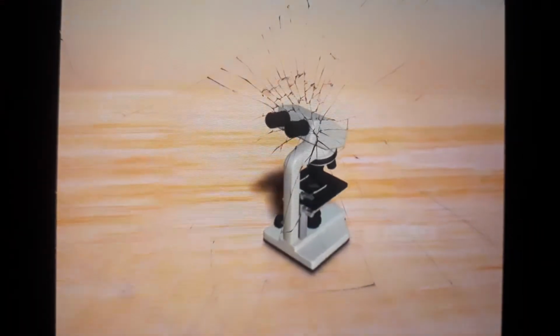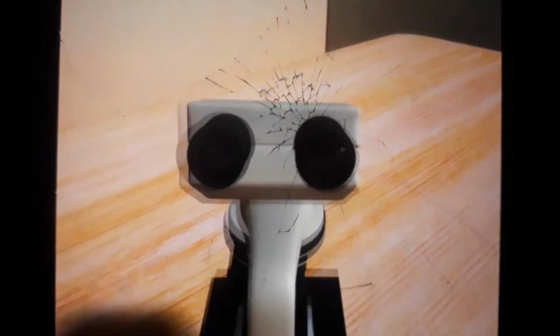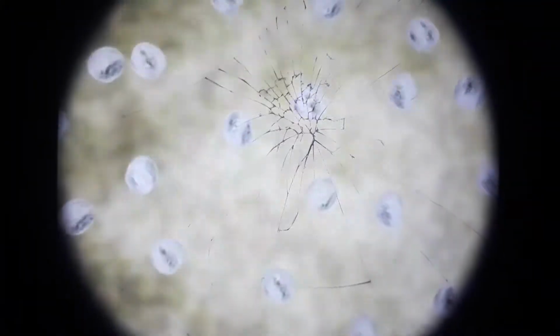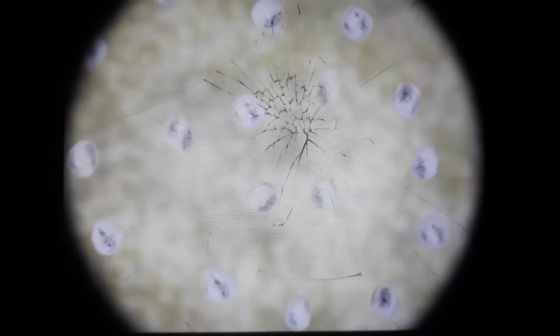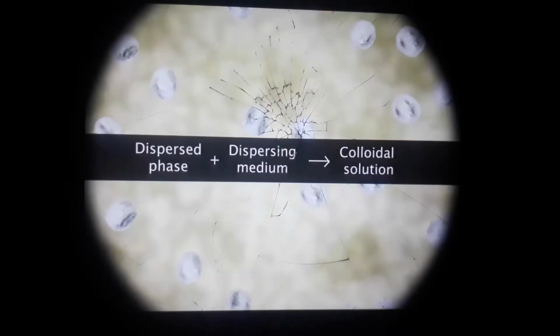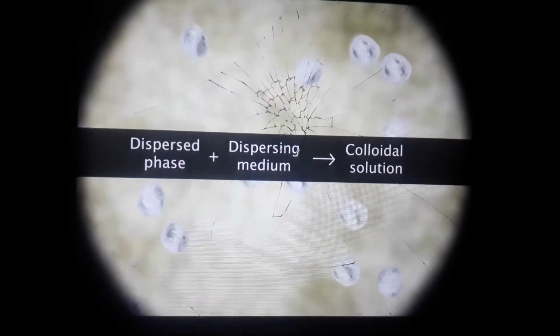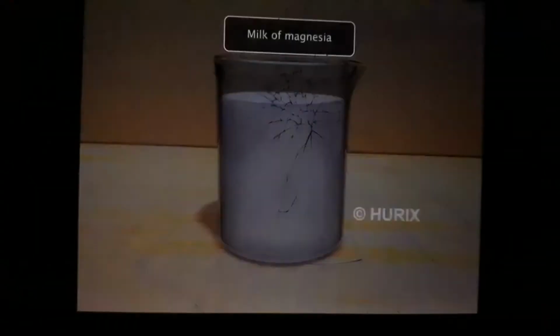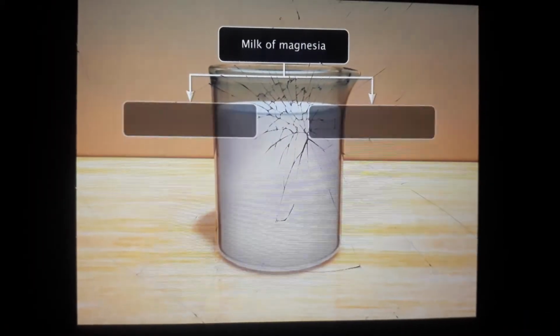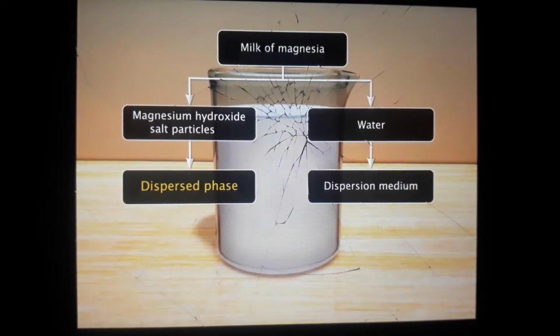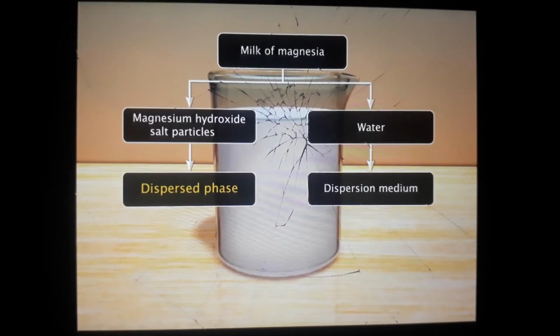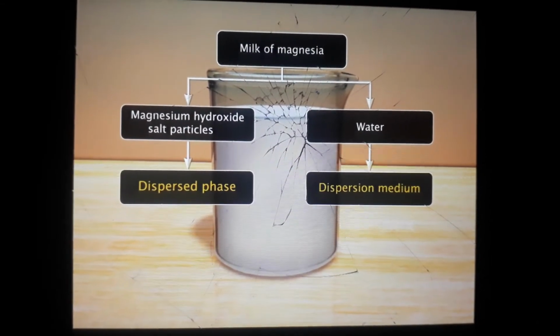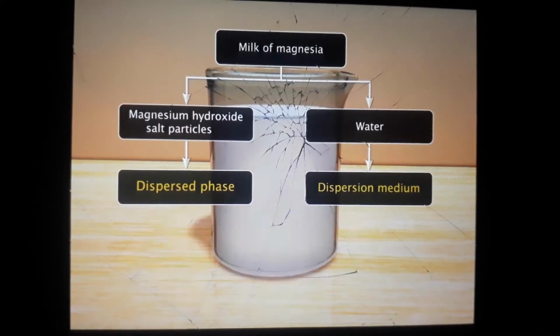Since the colloidal particles are smaller, they are not visible to the naked eye, but visible under microscopic observation. A colloidal solution consists of two parts: the dispersed phase, or particles, and the dispersing medium. The dispersed phase constitutes the smaller part, and the dispersing medium occupies the main part of a colloidal solution.